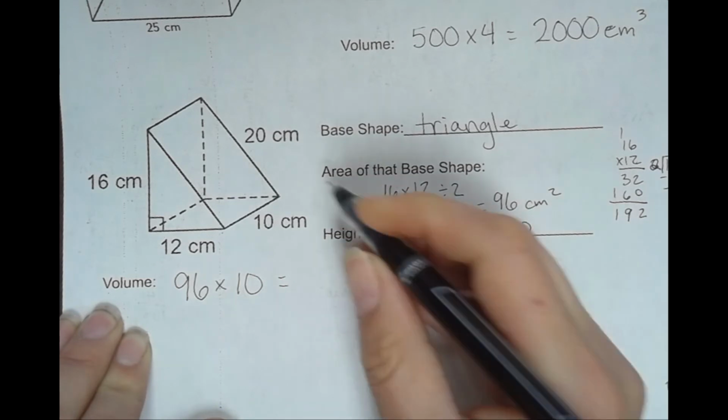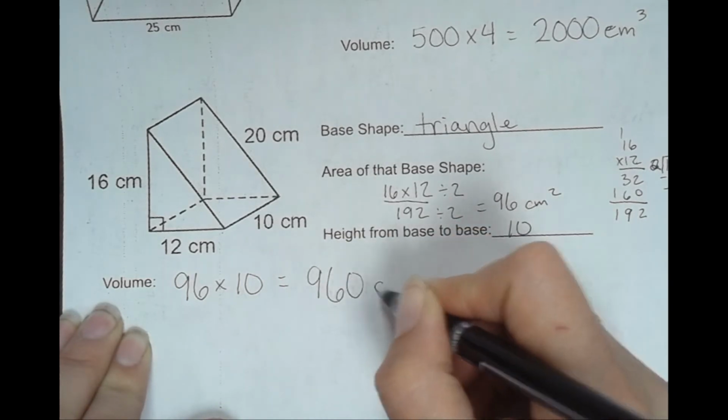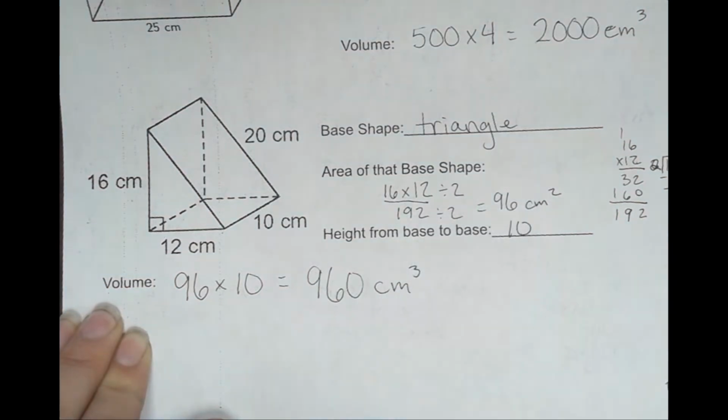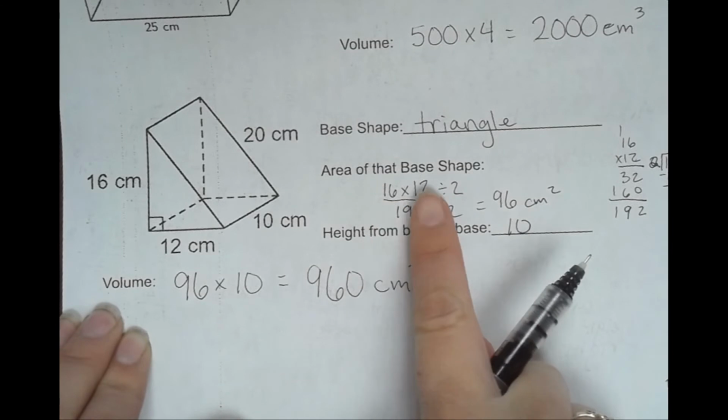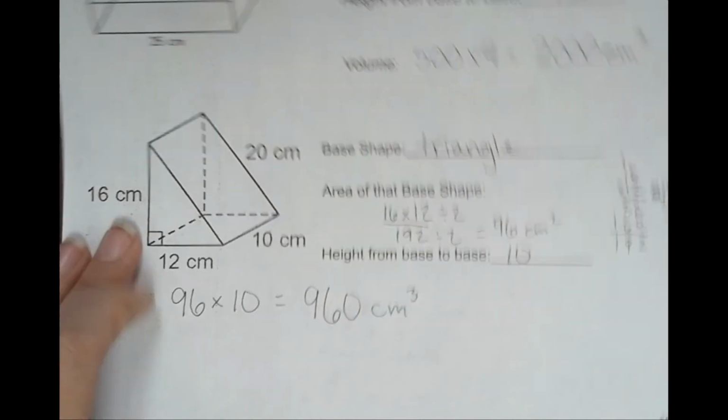So that tells us our total volume is 960 centimeters cubed, because we're now in volume. We've multiplied by centimeters once, twice, 3 times. 960 centimeters cubed. All right, let's go to the next page.